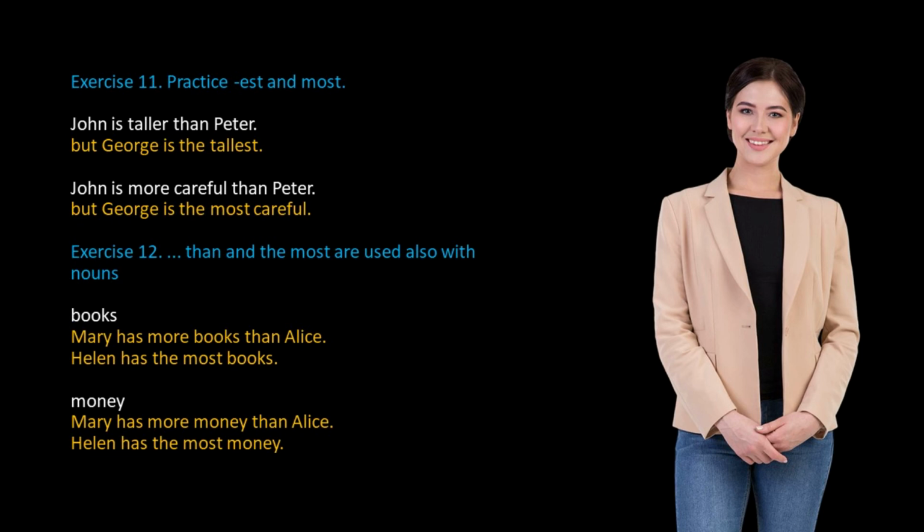Than and the most are used also with nouns. Books. Mary has more books than Alice. Helen has the most books. Money. Mary has more money than Alice. Helen has the most money. Now, please do the following exercise. You can pause your video while doing your exercise.